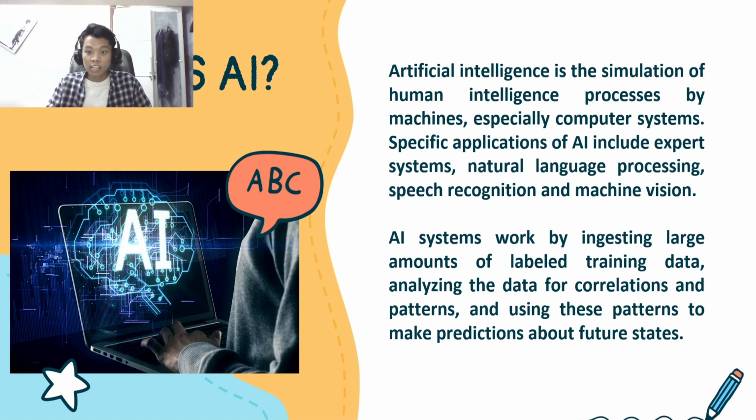AI analyzes the data for correlations and patterns. Like I said, the pattern is going to be the same repetition until humans put new data into the AI, and it uses these patterns to make predictions about future states.